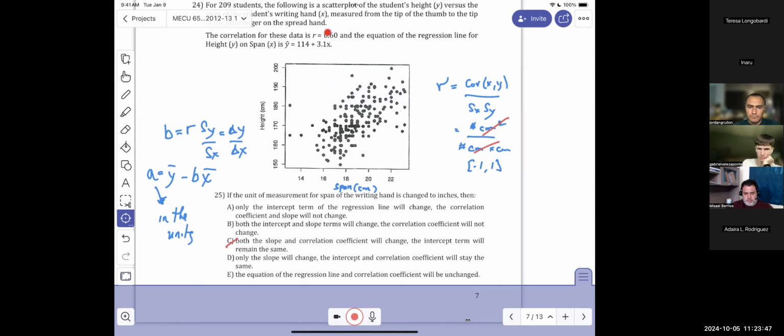X and Y have to be the same units, and then they'll just cancel out and it won't affect R. It's not necessarily two the same; you could be correlating two different things, like one could be height and one could be weight. Those are different units, right? But if they're the same units, correlation won't be affected. The B shouldn't be affected, and it would just be the intercept. But that's not what it says here.